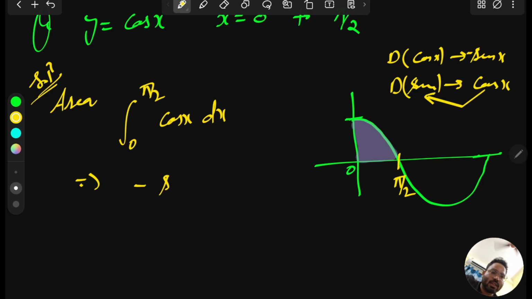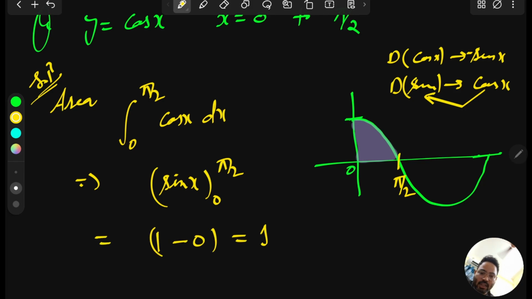So integration is just the reverse process. So cos x integration is plus sin x. Just put the limit 0 to pi by 2 and you get the area. Sin pi by 2 is 1 and sin 0 is 0. So your area is 1. So the area under this curve is 1.